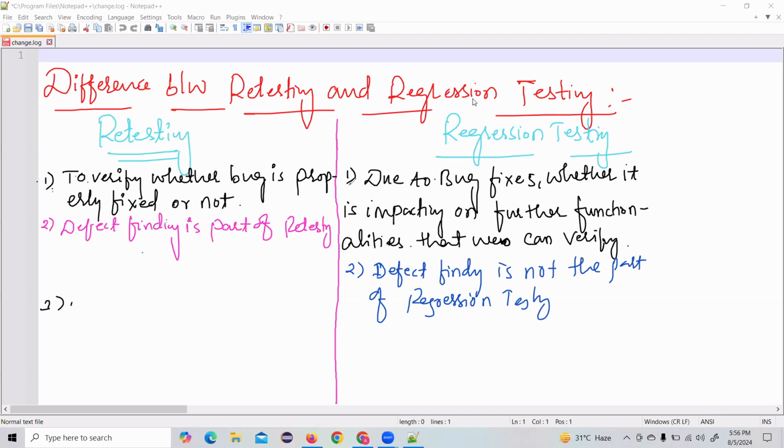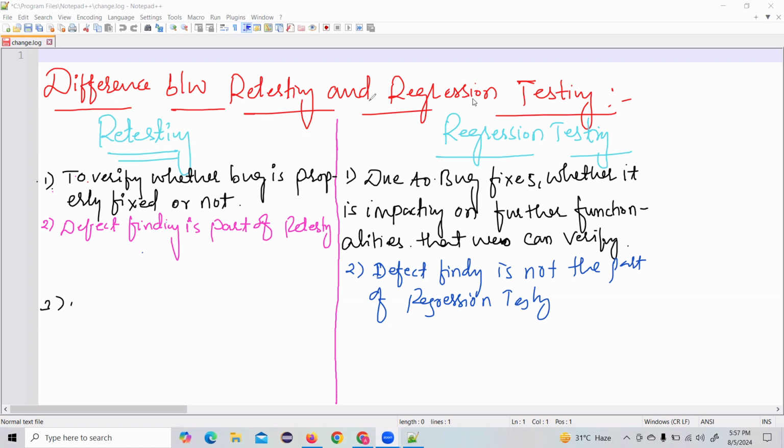Can we do retesting only for failed test cases or pass test cases? Failed test cases. Can we do regression testing only for failed test cases? If I check only failed test cases, can I verify the impact area? Can I find the side effects by checking only failed test cases? No. We have to check both, because work goes on increasing.